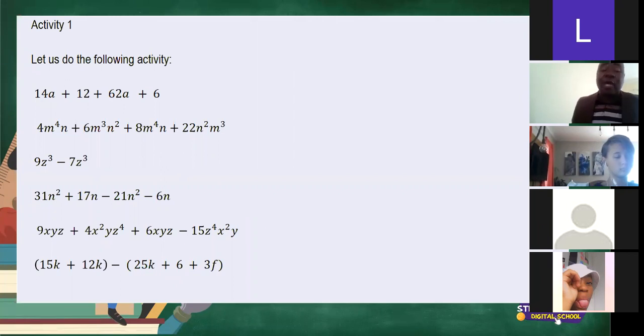Now, if you look at this next expression, we have 9xyz plus 6xyz. So you can group those.